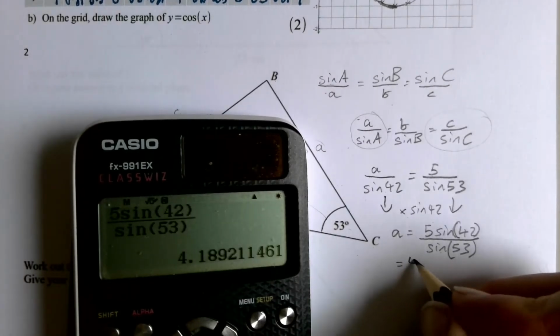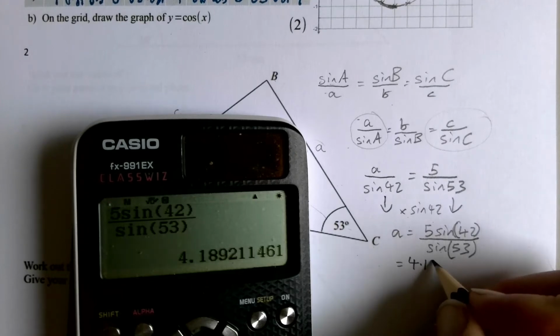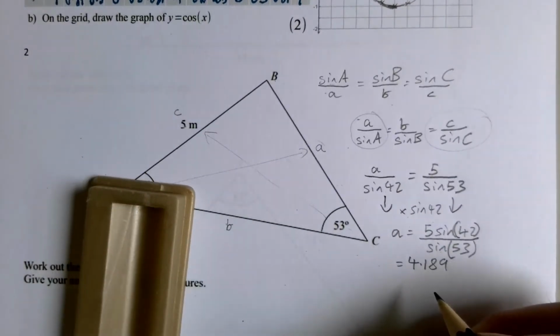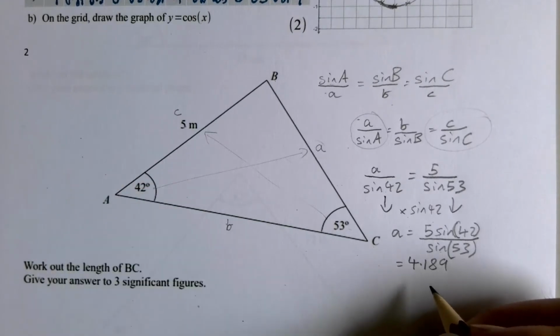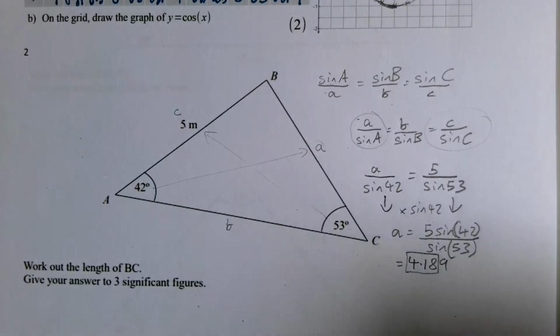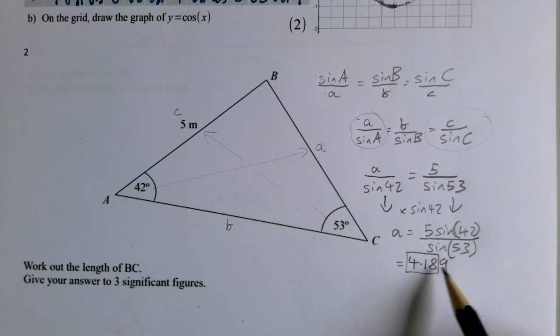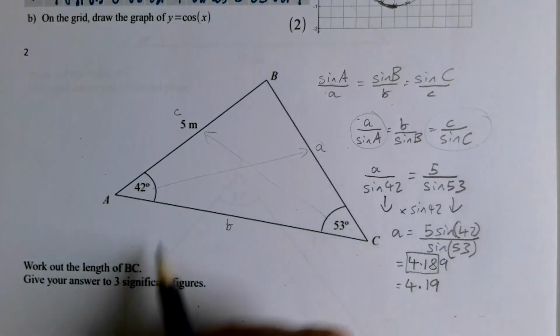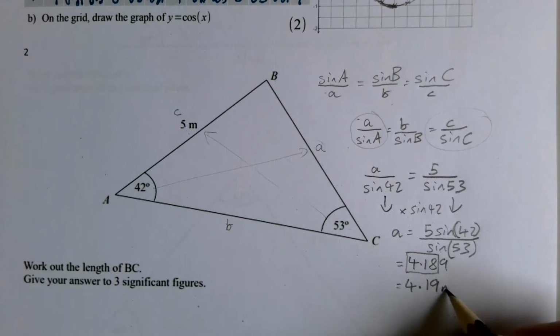Now I'm going to write it down with 4 significant figures just to make sure I don't lose a mark for rounding, which you can lose quite a high percentage of marks if you get that wrong for really nothing at all. So we just need that to be rounded up because of that 9 to 4.19, and it's in meters.